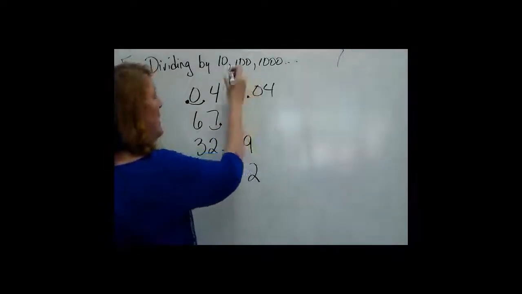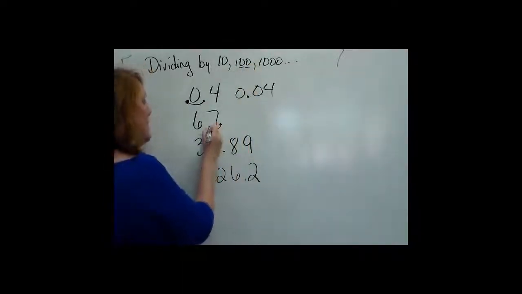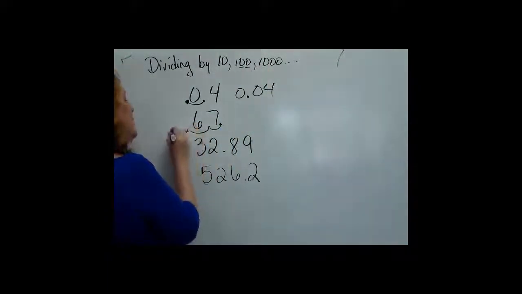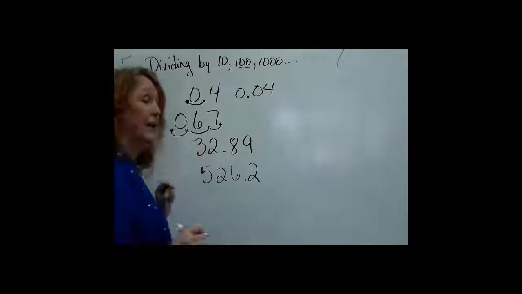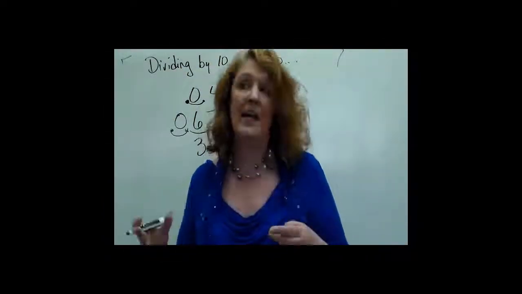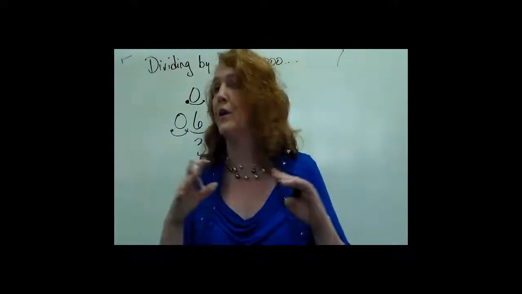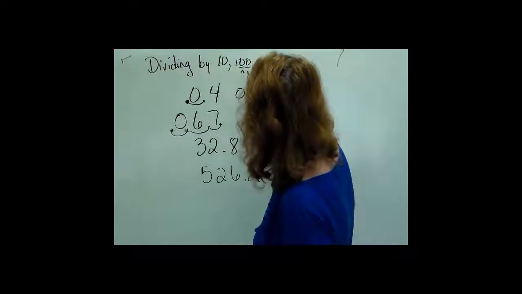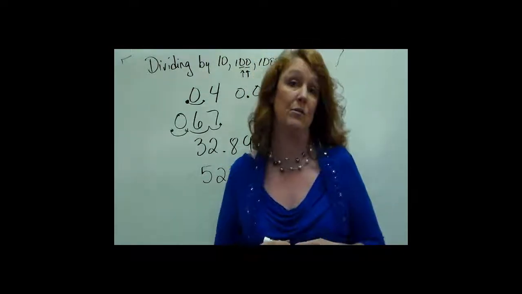If I divide by 100, because it's got 2 zeros, I'm going to move it over twice. If I divide by 1,000, I'm going to move it over 3 times, and I'm going to have that placeholder there. So dividing by 10, 100, and 1,000 is a lot like multiplying. It really just means you move the decimal over the same number of places as you've got zeros.